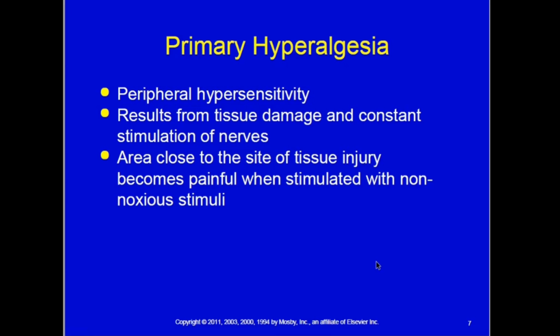That means if we give non-painful stimuli to a patient who has tissue injury, but we are actually not giving any stimuli to the injured part, if we simply touch the non-injured part, the patient will complain of pain. That is hyperalgesia.